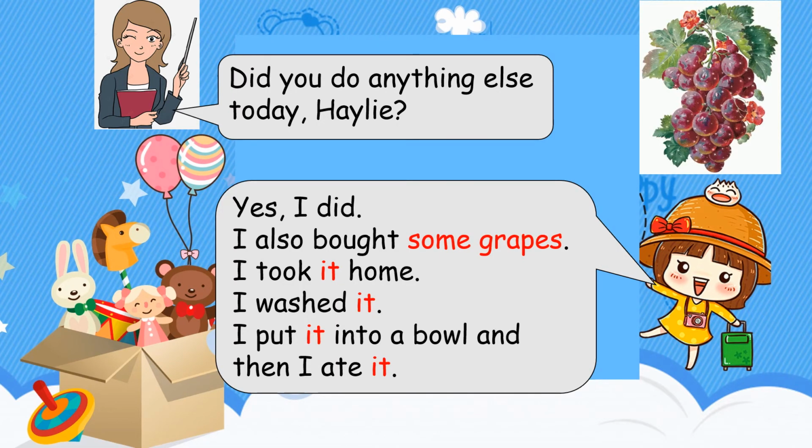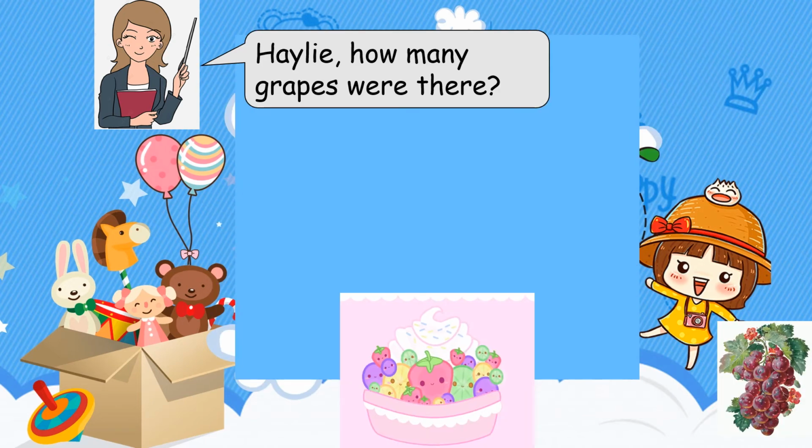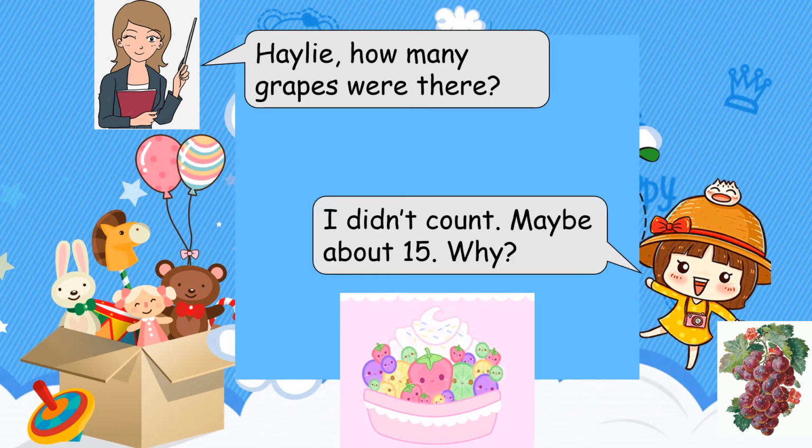Did you do anything else today, Haley? Yes, I did. I also bought some grapes. I took it home, I washed it. I put it into a bowl and then I ate it. Haley, how many grapes were there? I didn't count.